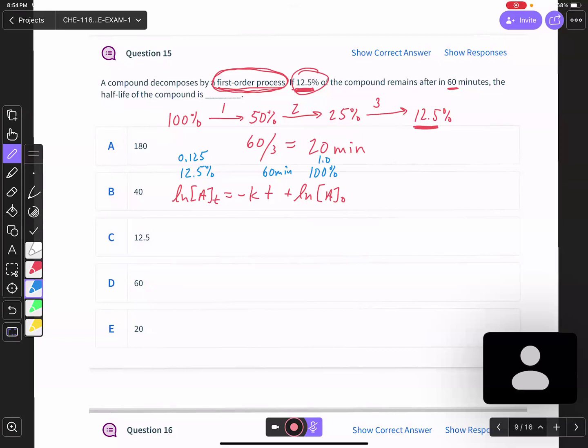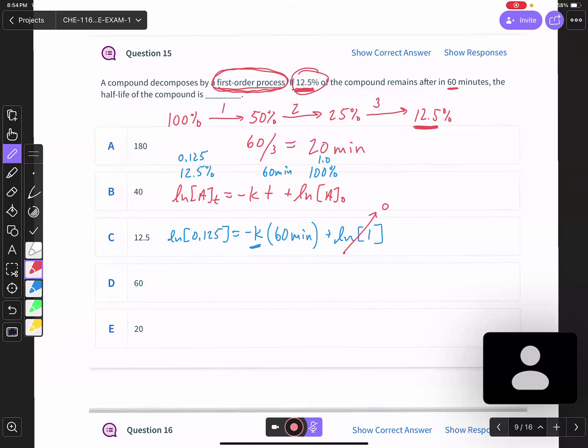So we plug everything in. Natural log of 0.125 equals negative k, we have to find our rate constant, times 60 minutes plus the natural log of 1. What's nice about this is the natural log of 1 is 0, so that goes away.